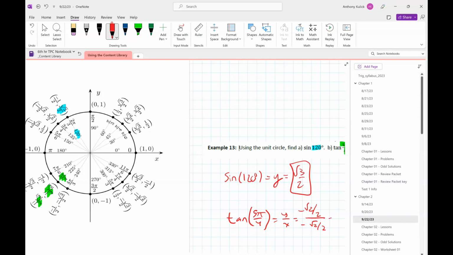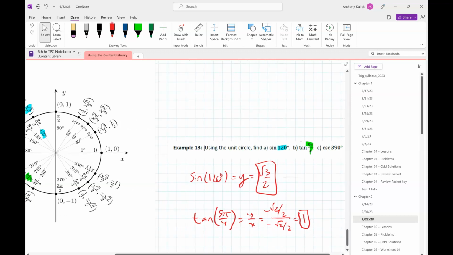One. Exactly right. Is that okay? Because I just took one number and divided by itself. Like a divided by a is just going to be 1. Doesn't matter what a is, how funky it looks.